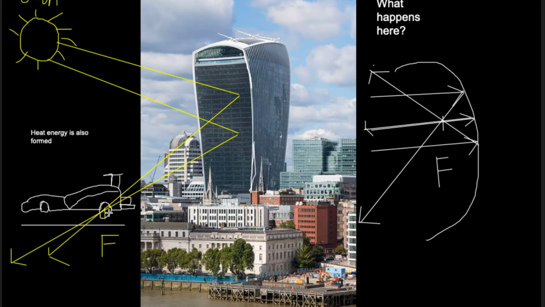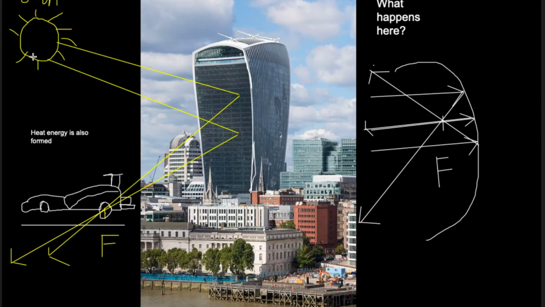And the light rays form some heat, and this heat is massive. When I say massive, I mean legit a lot. Because of that heat, it starts to melt, because there is so much heat when they converge, because it is such a big building.